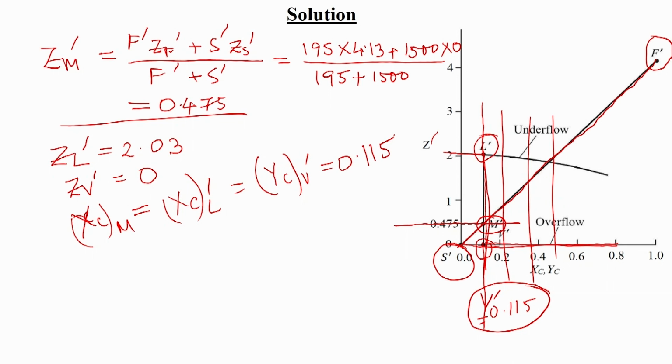Okay. So, now we will be doing this component balance again, like this. We will be getting L prime into Z L prime plus V prime into Z V prime, that will be equal to M prime into Z M prime.